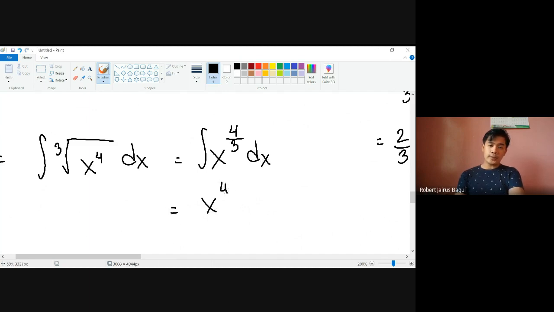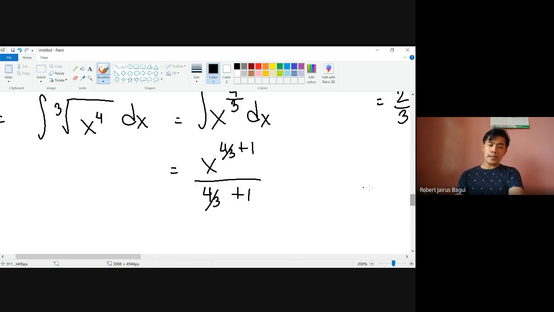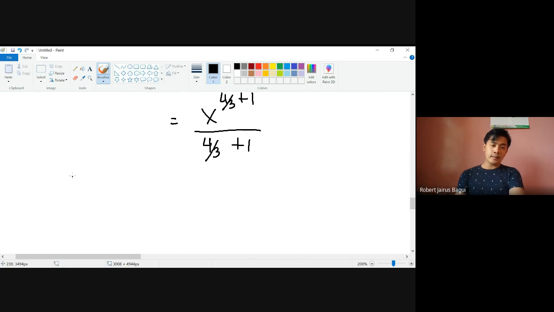So 4/3 plus 1 all over 4/3 plus 1. Kung i-convert natin si 1, that would be 3/3. So 4/3 plus 3/3, that would be 7 all over 3.